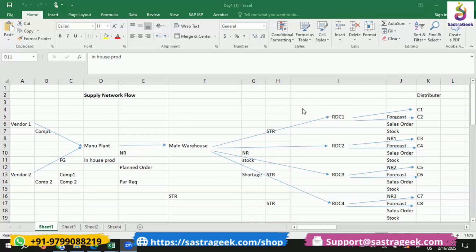Now, the question is, if you decide to ship the goods from RDC 4 to customer 1, is it possible? For example, my RDC 4 is situated somewhere in South India, whereas the customer has a rush order which belongs to the eastern part of India.